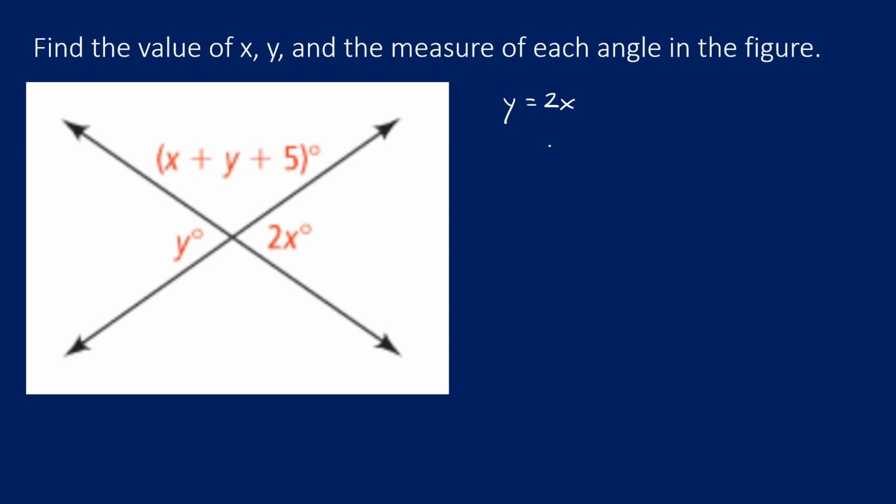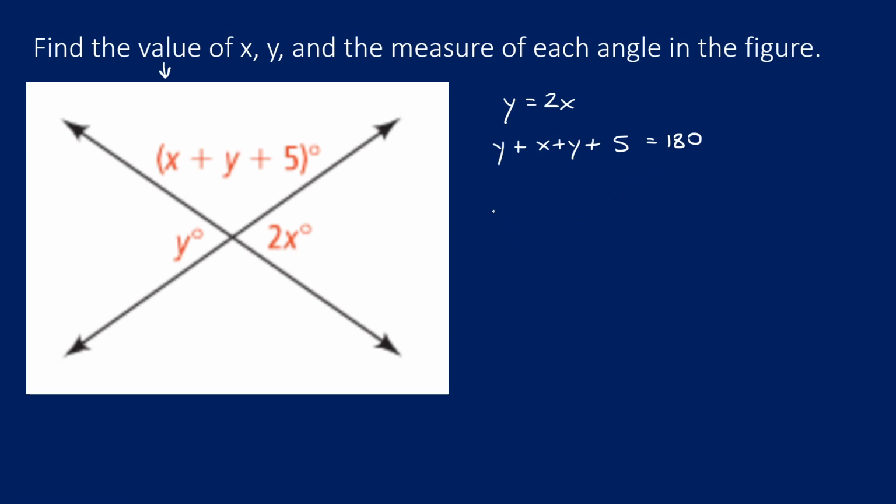So, different ways I could do this, but I'm going to take the ones that are in the upper left, the y and the x plus y plus 5, because I know if I add those two angles together, they have to equal 180. Okay, so y plus x plus y plus 5 is adjacent.